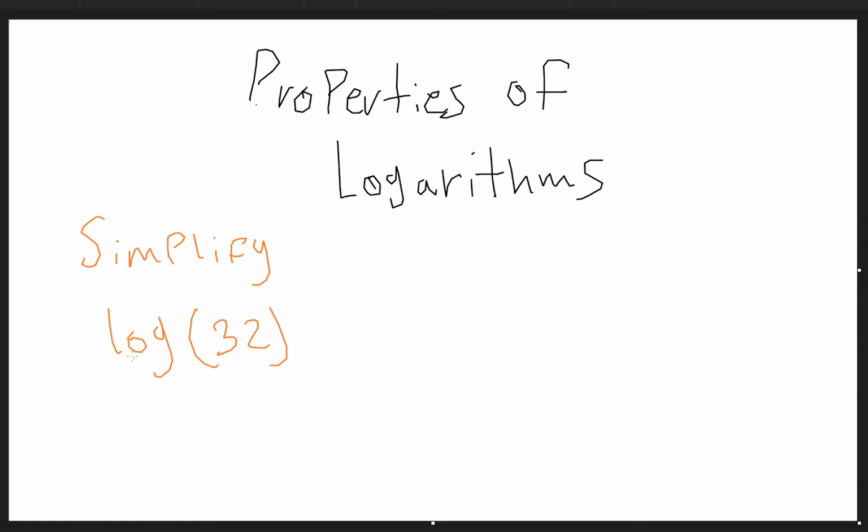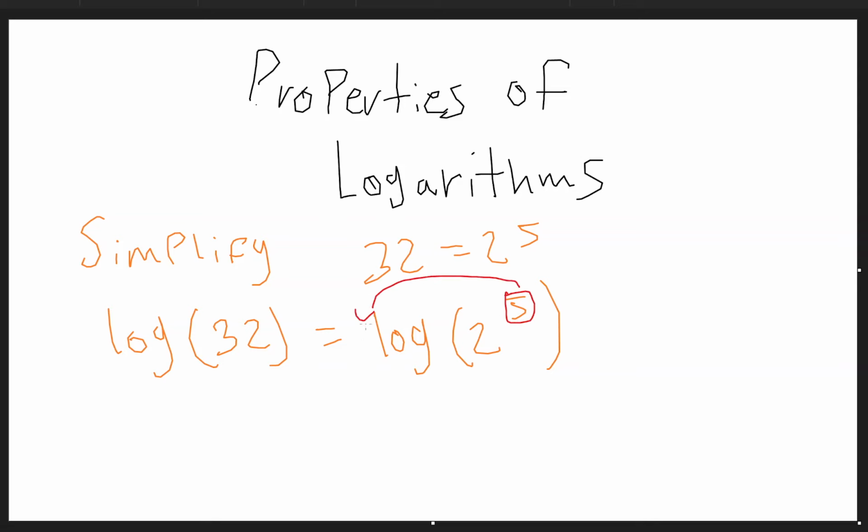I'm going to show one way using the property I just talked about: if we have the exponent in the argument, we can move that to the front. What do I mean by that? We know that 32, as discussed earlier, is 2 to the power of 5. So we can rewrite this as log of 2 to the power of 5. Since the argument literally has an exponent, we can move it to the front. So log of 2 to the power of 5 equals 5 times log 2.